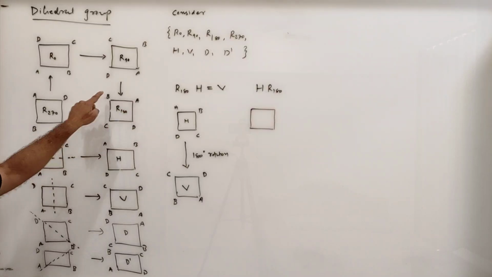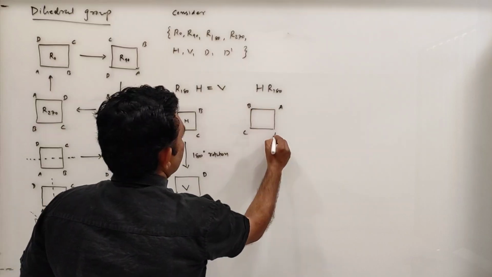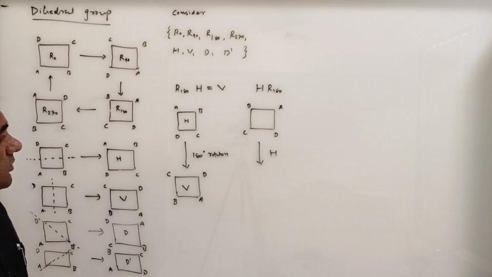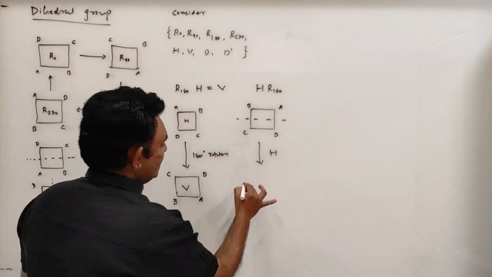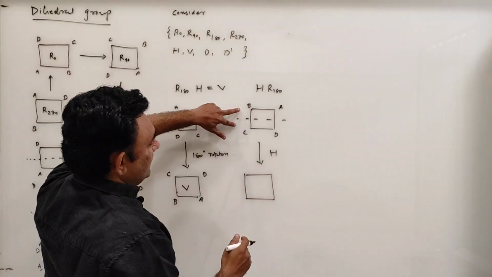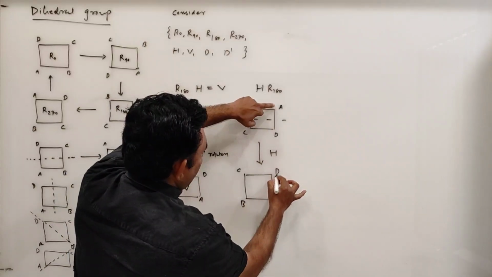It is A, B, C, D. Now what am I applying? H. H means horizontal reflection. So you consider a horizontal axis or horizontal line, and now you take the reflection about this line. So here C, here B, then here D, and here A.